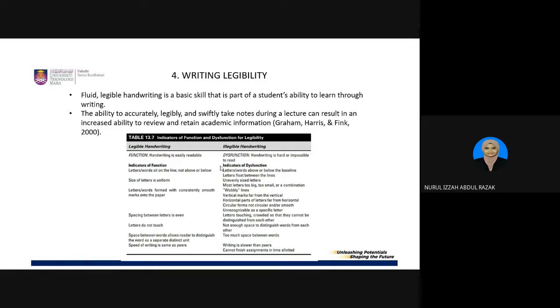Then the words or letters yang dihasilkan itu consistently smooth onto the paper, and have good spacing between the letters and the words, and the reader is able to distinguish between each word. Then the speed of writing is about the same as the peers.